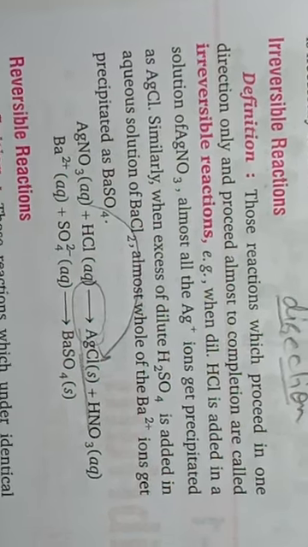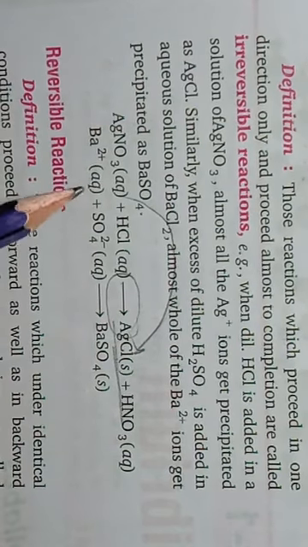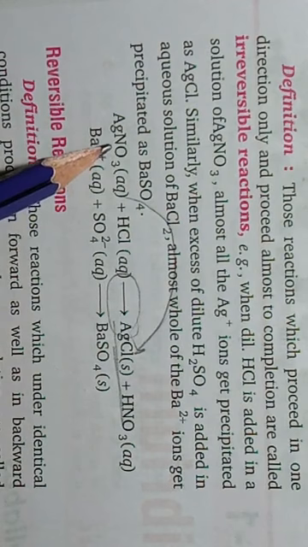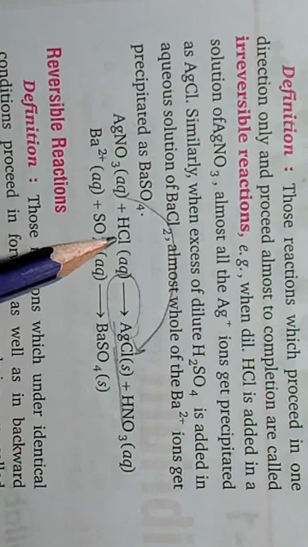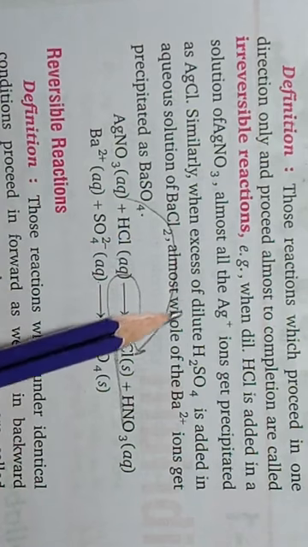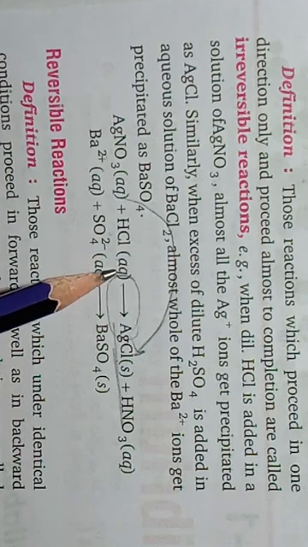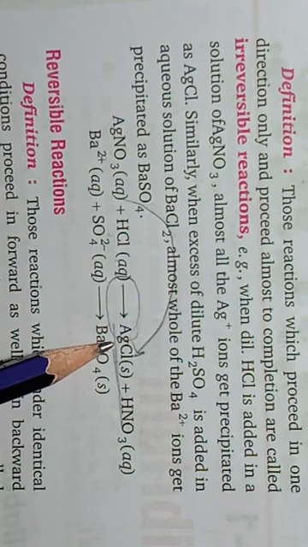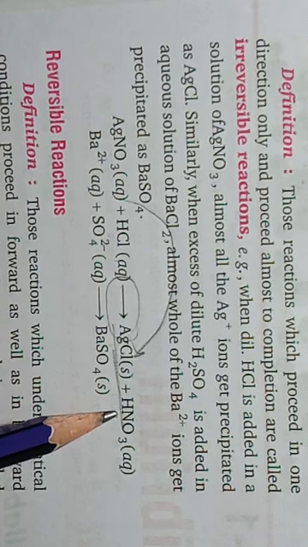For example, the reaction of aqueous silver nitrate with hydrochloric acid is a type of irreversible reaction, where these two compounds react with each other forming silver chloride plus HNO3 at once, and after that the reaction will stop.